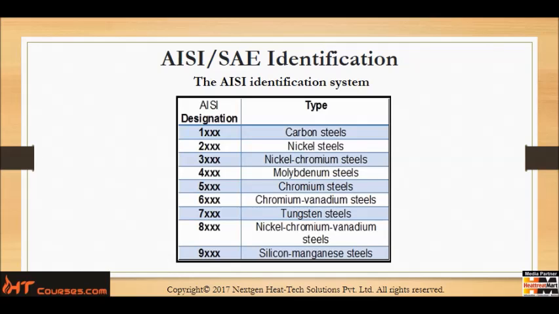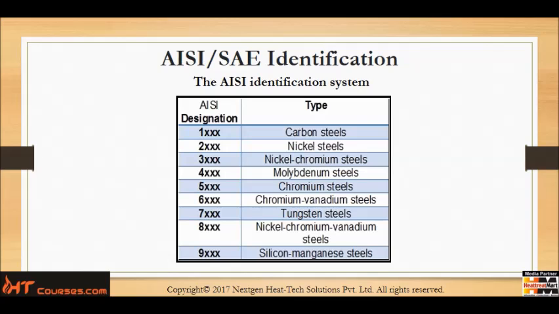Where we get a bit of an anomaly would be under the 6XXX, chrome vanadium steels. On the chrome vanadium steels you can have 6061, you can have it even higher than that, 60100.